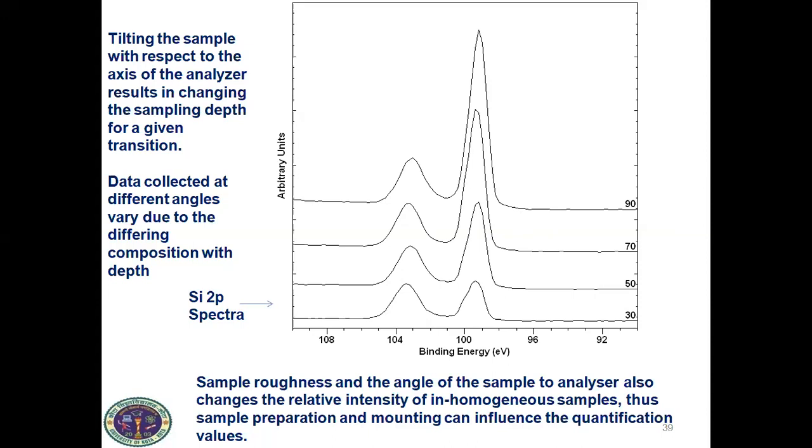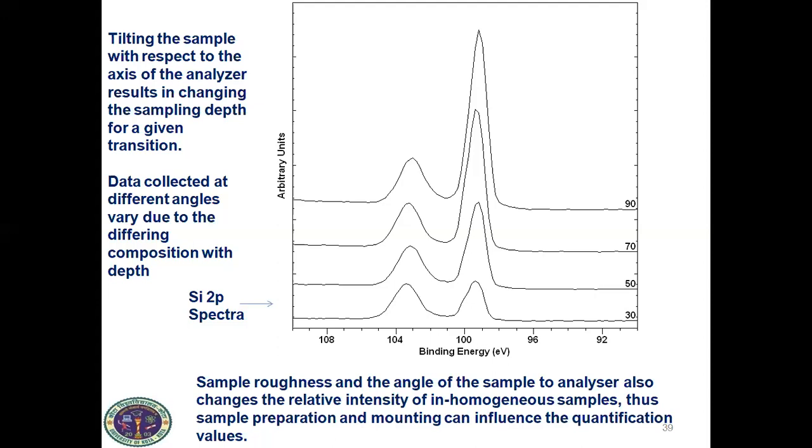We have already discussed that the sample should be mounted azimuthally in the XPS chamber. It means it should always be at 45 degrees with respect to the incident X-ray photons as well as the collection of photons by the detector. It should also be at a 45 degree angle with reference to the detector axis.